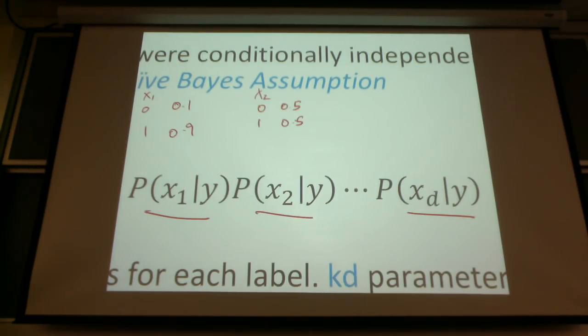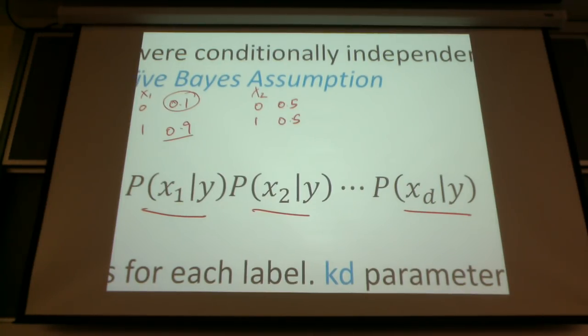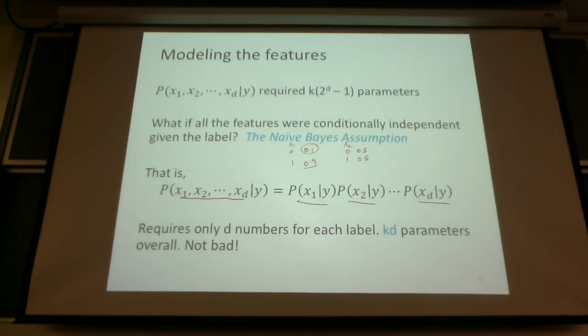Notice that the value for x1 is completely not depending on x2, so you just have d possible numbers, not even 2d, because if I know this one, I can calculate this. So just d numbers.